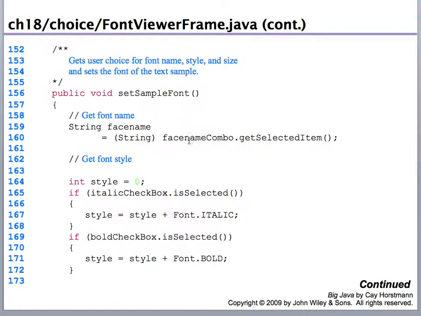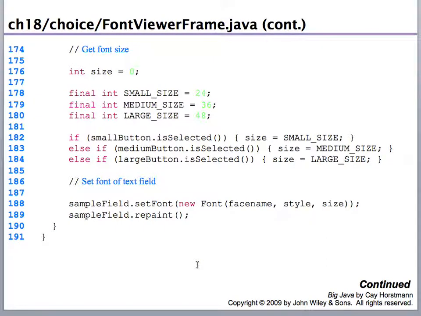The setSampleFont is where you get access to what was selected. You get a string of the font name by calling getSelectedItem. Notice that we cast that into a string. Then you check if the italic is selected. There is a style that is 0, and then you add the italic, which is a constant in the Font class, and then the bold, because the user can select both.